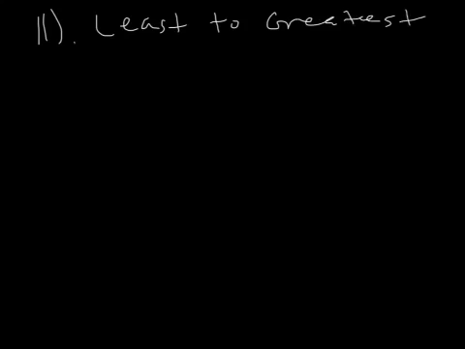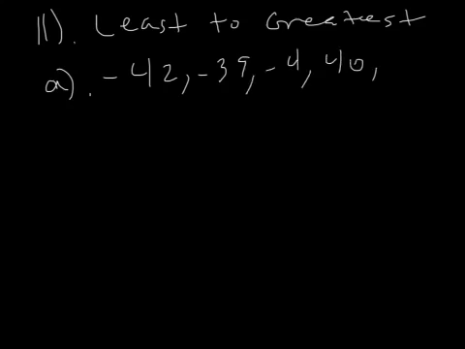Number 11, which one had least to greatest? I was shocked that some people missed this one. Literally shocked. Because the first answer, A, was the only correct answer: negative 42, negative 39, negative 4, 40, and 41.